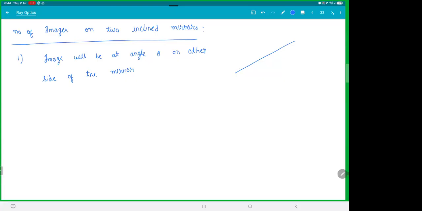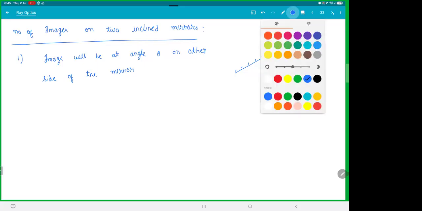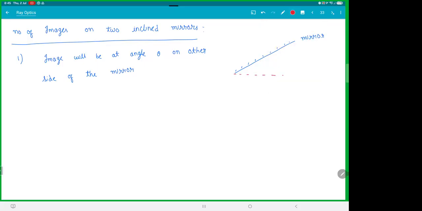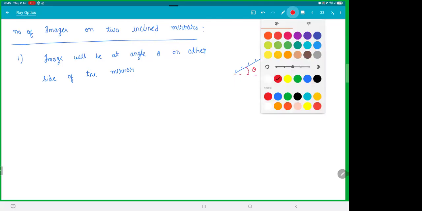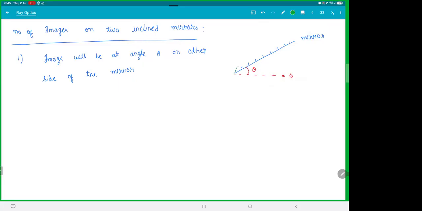That means if this was the mirror, this was the object and this was theta. Last time I showed you, the image should be on the other side where the mirror will be the bisector. So this also should be theta and this should be the image. So this is how the images will form. Basically, they will form a sector kind of thing of 2 theta there.